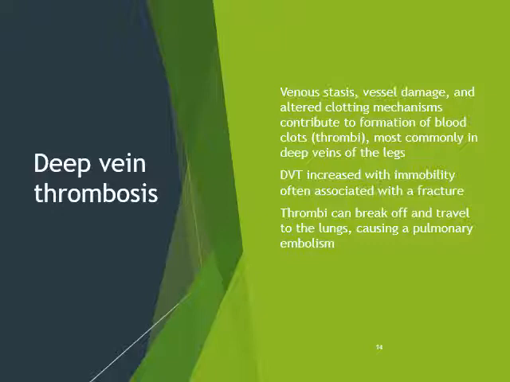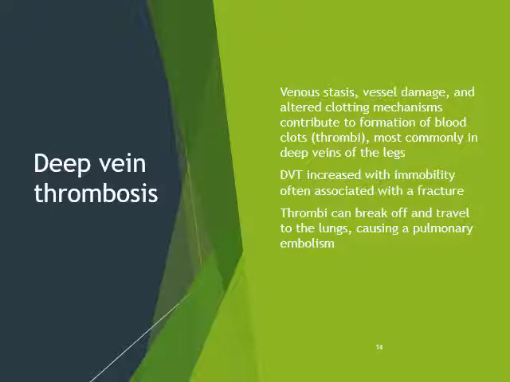So DVT: venous stasis, vessel damage, and altered clotting mechanisms contribute to the formation of blood clots or thrombi, and they're most commonly in veins of the legs.